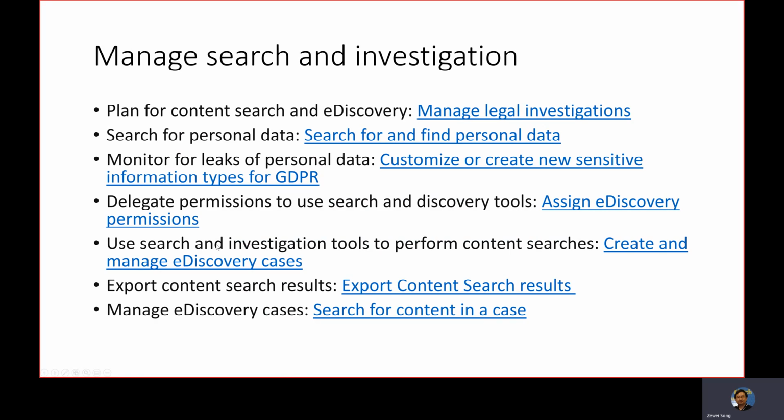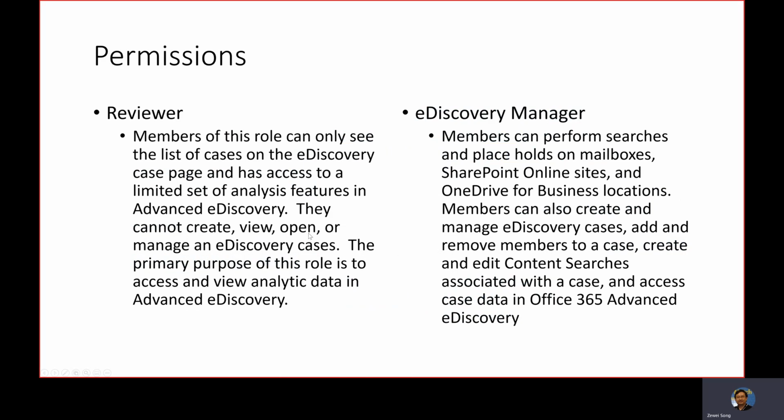All right, next one. This one is mainly for eDiscovery, content search and eDiscovery. If you're not familiar with eDiscovery, there are a lot of things that you have to learn. For eDiscovery configuration in Office 365, Microsoft 365, there are two different permission levels: reviewer and eDiscovery manager. eDiscovery manager is designed for the admins, so you can assign members to the eDiscovery manager group or reviewer group.